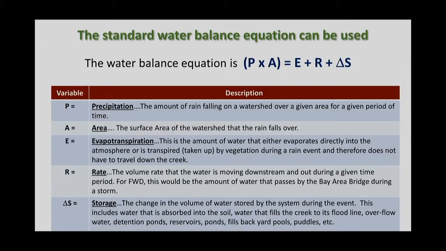This is where instead of going directly into the creek, it may be stored in overflow ponds, detention ponds, reservoirs, even your backyard puddles will retain some of this rain. So now that we've got the equation, let's go into a little more detail on all these different variables.